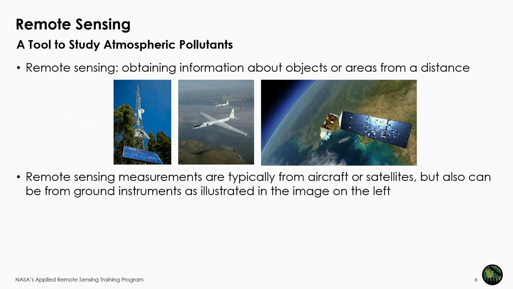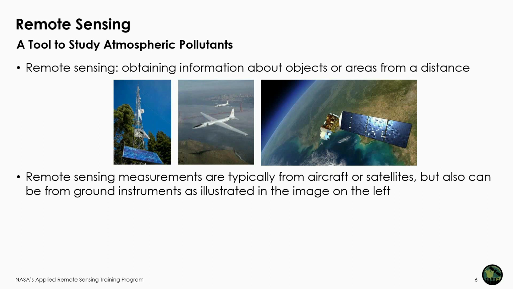Now, remote sensing, as many of you are aware through previous talks during this series, is a tool to study atmospheric pollutants, and remote sensing essentially is a tool to obtain information about objects or areas from a distance.